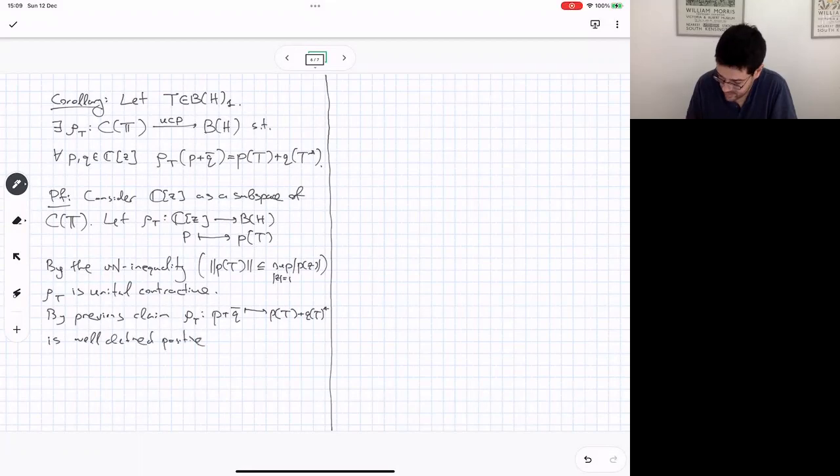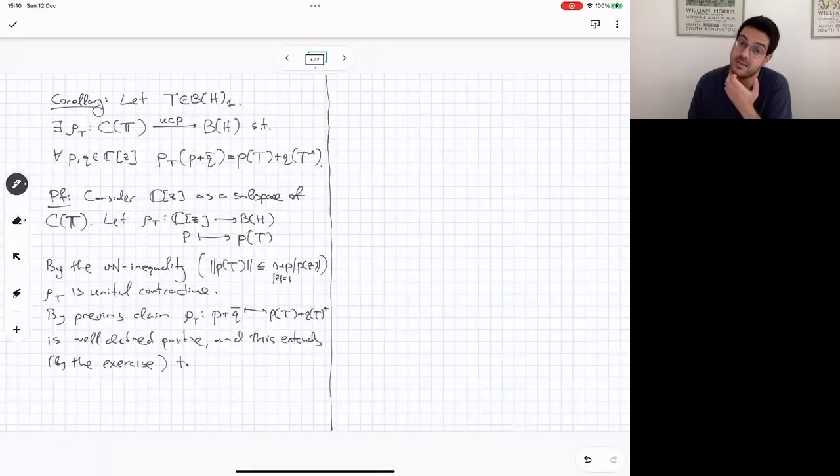And this extends by the exercise, plus Stone-Weierstrass, to continuous functions over the circle. But why is it completely positive?